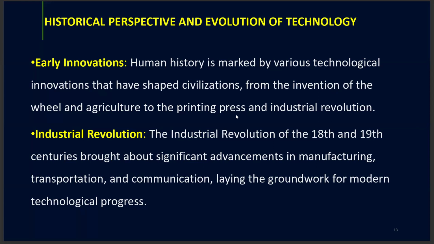When you look at early innovations, people used to communicate using cables. Actually, wireless communication wasn't even there. People were able to communicate using satellites and cables that connect one point to another.